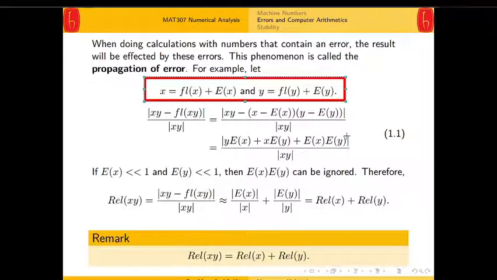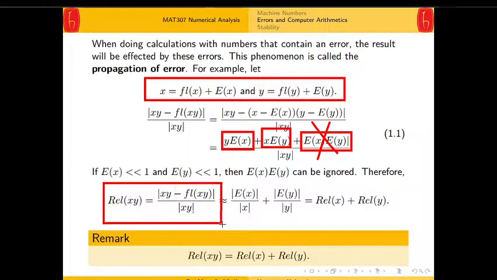Error x times error y is expected to be small compared to these quantities, because each error is a small positive number, and the product of these two will be very small. So we can ignore this term, and we will end up with these quantities.